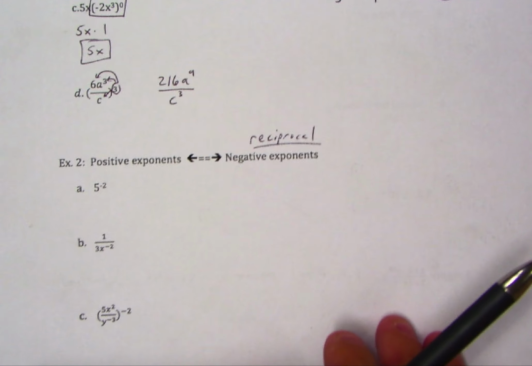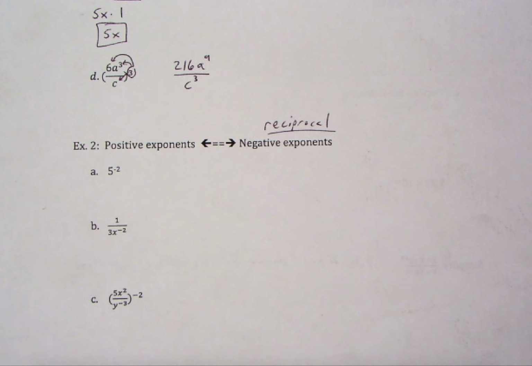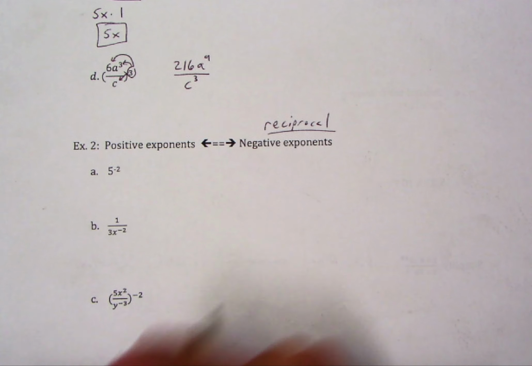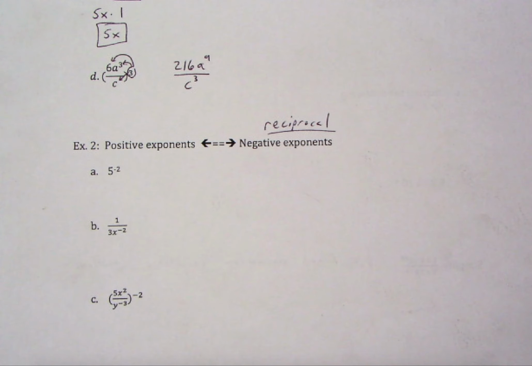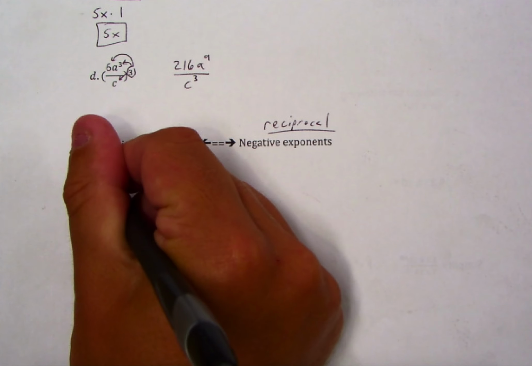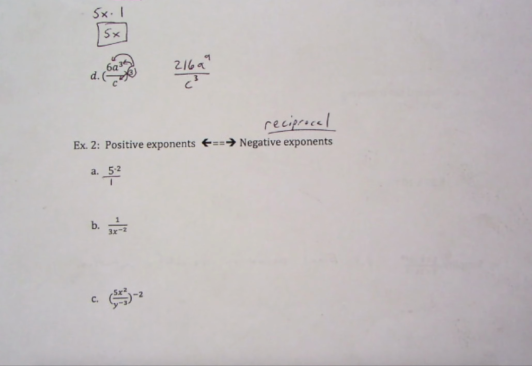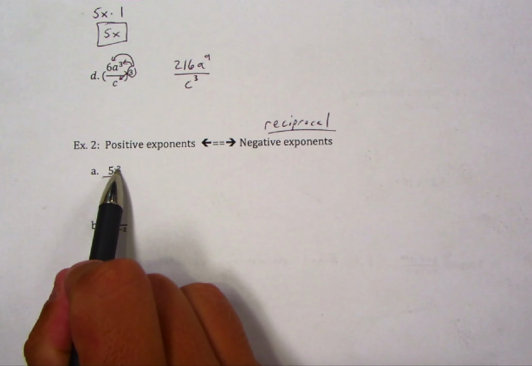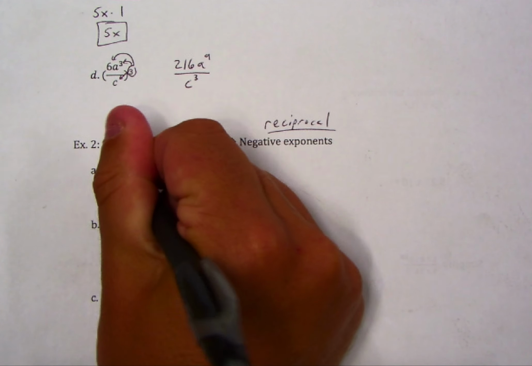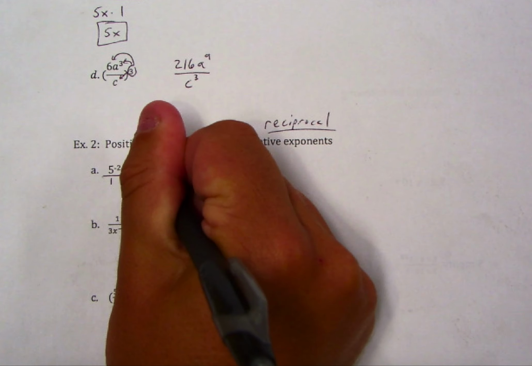Okay. Anytime I see negative exponents, I pretty much always create fractions if there aren't fractions already. You notice in B and C, there's fractions there already. But in A, you could turn anything into a fraction by putting a 1 underneath it. And now, anything with a negative exponent needs to move. So this 5 to the negative second needs to move to the denominator, and the exponent becomes positive.